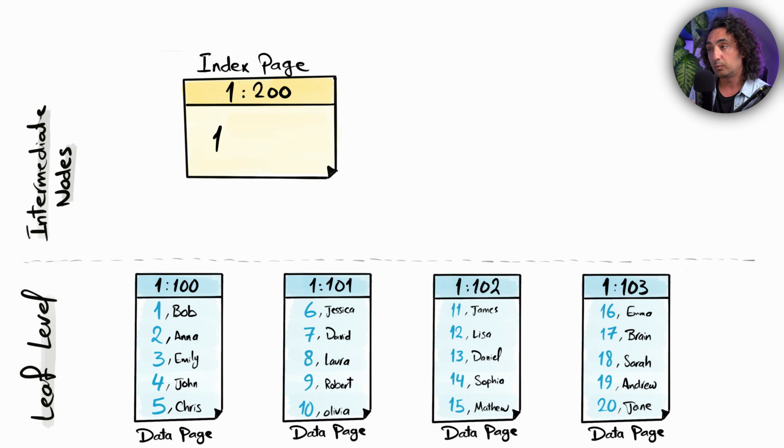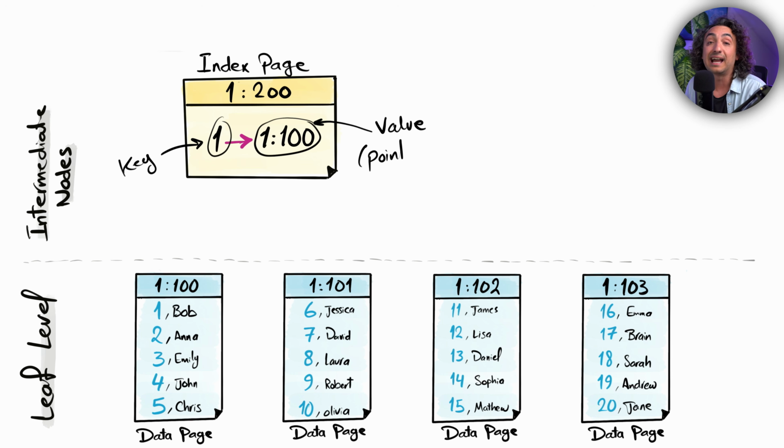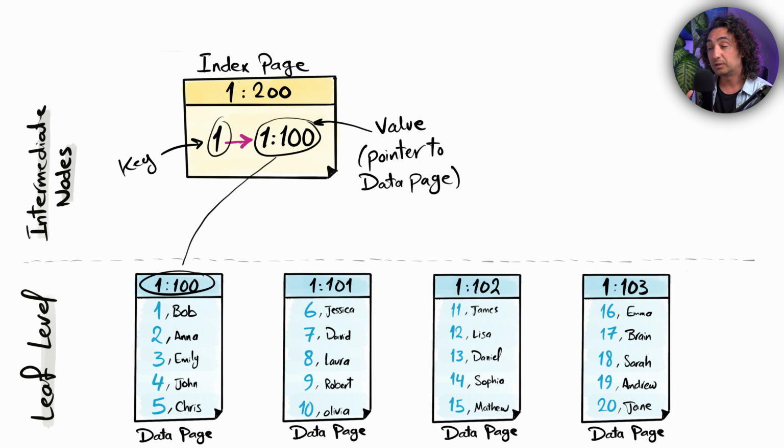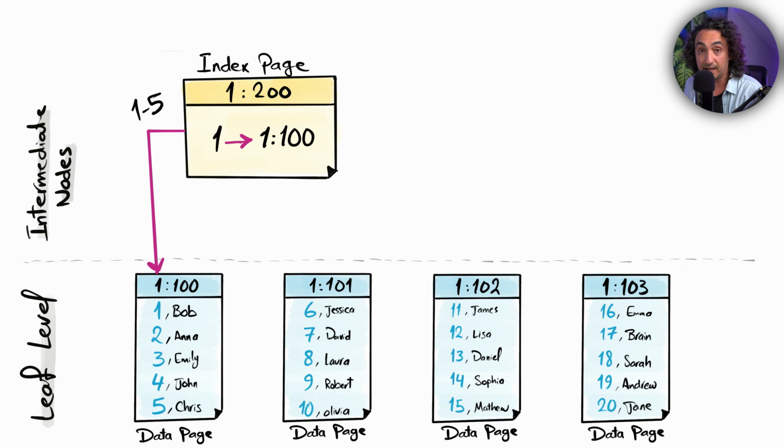So for example, we have here the value 1, the key, and then the value is going to be the ID of the data page. So here we don't have the whole row of data, we have only a pointer to another data page. So here we are telling SQL, if you are searching for IDs between 1 and 5, you can locate it at the data page ID 100.